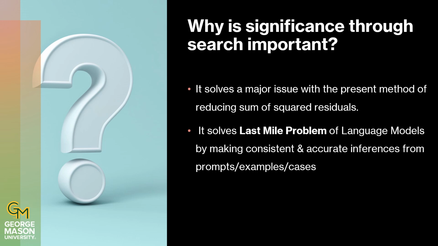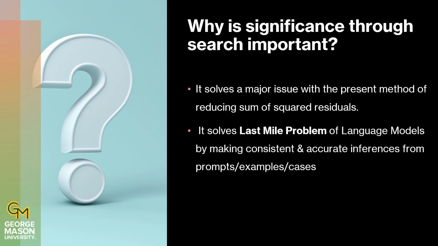Traditionally, this approach has been effective, but with high dimensional data, it becomes impractical to specify all interactions and model forms accurately. Regarding the last mile problem, this is a central challenge in language models. Usually, these models rely on prompts and completions to infer knowledge from their vast databases. However, when multiple prompts are relevant, language models may produce inconsistent inferences, which leads to this issue called the last mile problem.